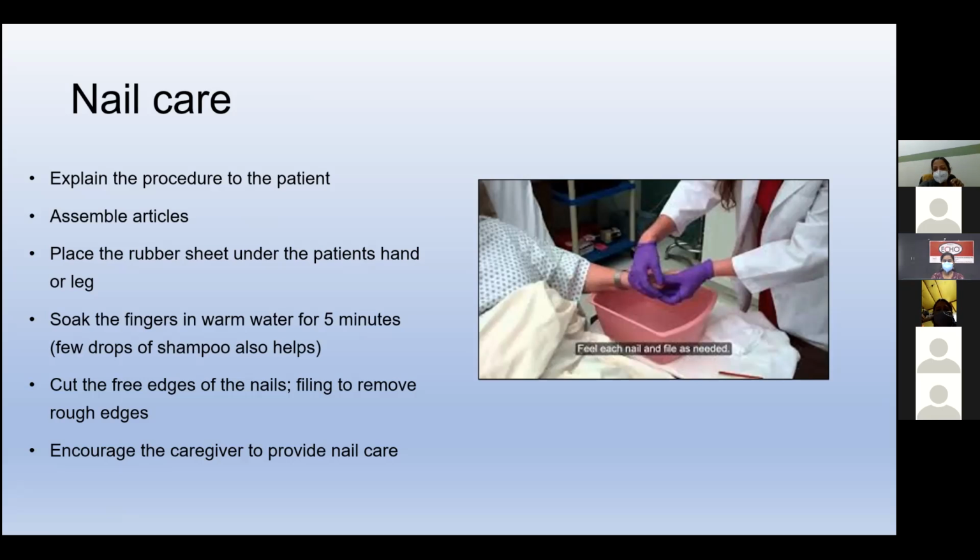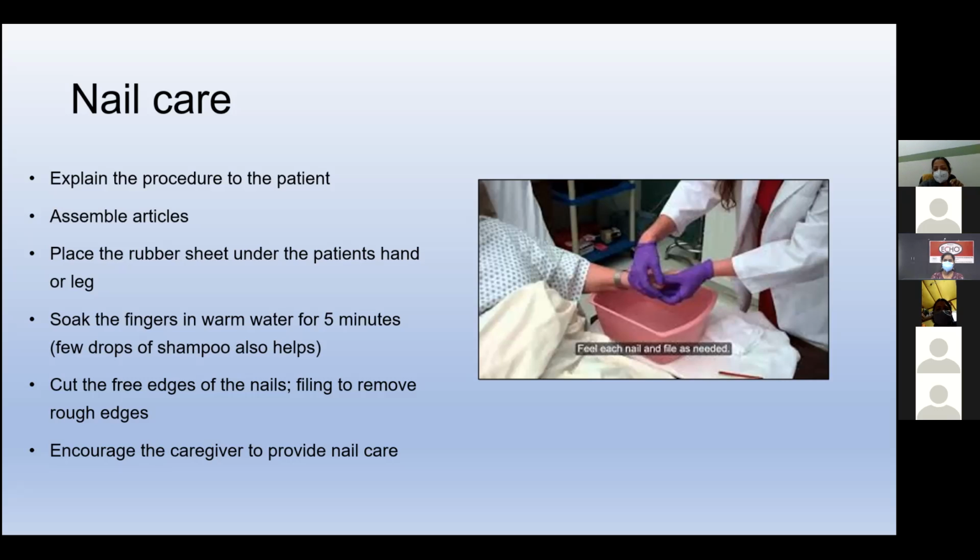So how to tackle them? One good key is that you place them in warm water in the basin, and you can add a few drops of shampoo, so that will soften the nails, and the dirt also will come off. And then you try to cut it, then it will be very easily cut.